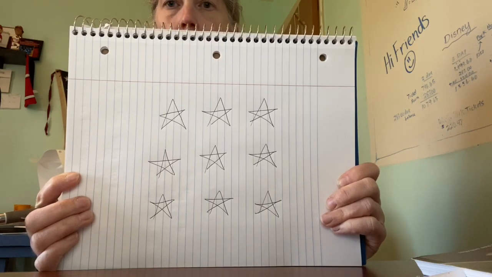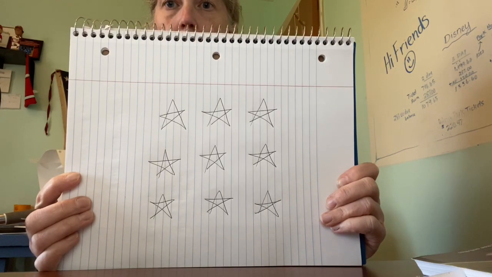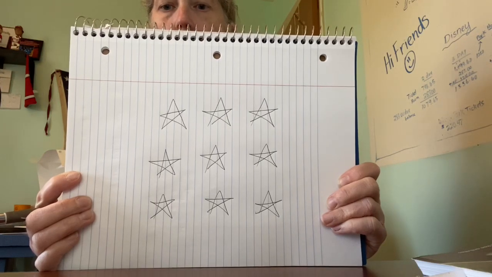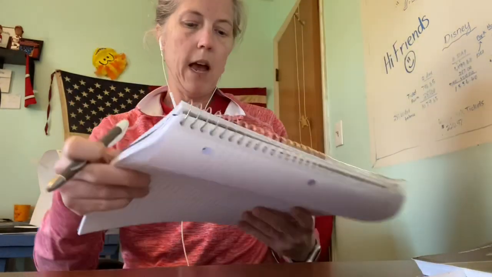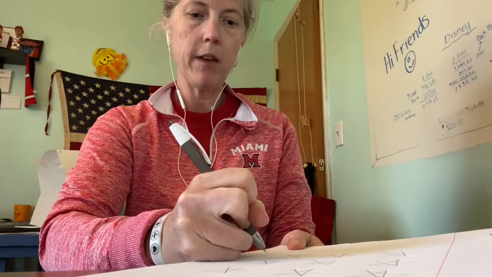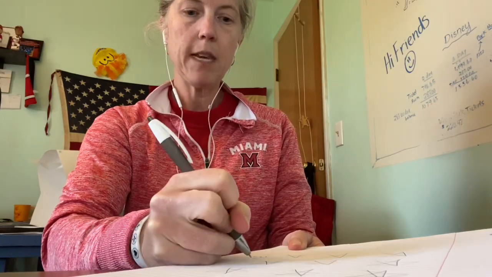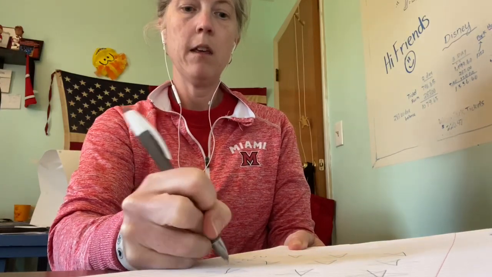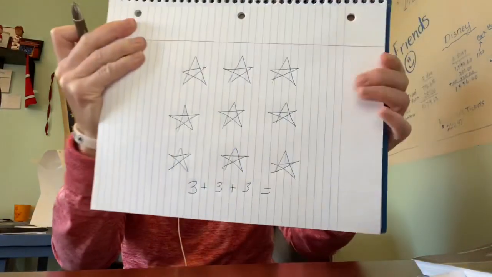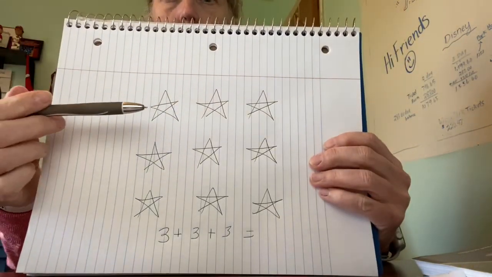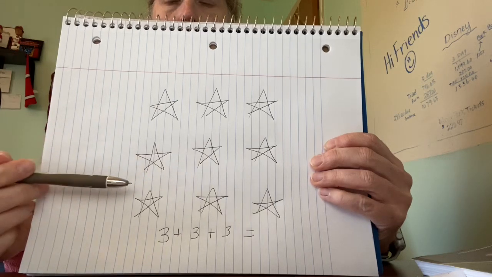It has 3 rows across, and 3 columns down. So when I have an example like this, I could think of it as just skip counting by 3s. So I have 3, 6, 9.